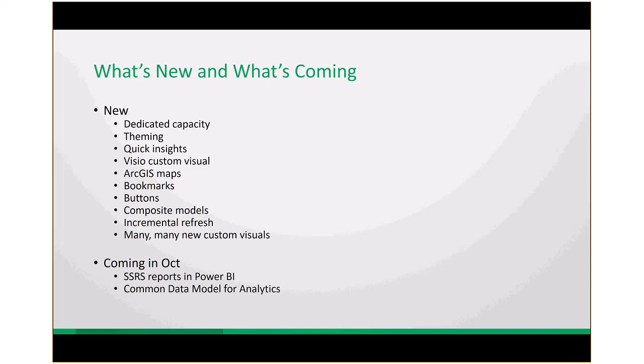Along the visualization end, within the past, I think this just came out of public preview within the past 6 or 8 months, is the addition of ArcGIS maps from Esri, and this takes some of the core Power BI mapping visualizations and puts them on steroids. There's a lot you can do if you're already an Esri shop.